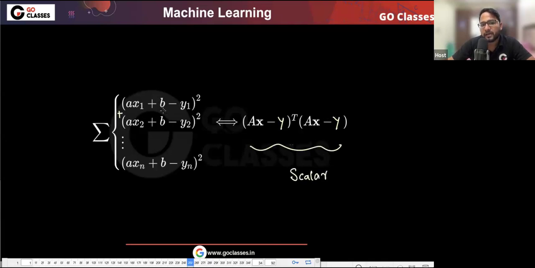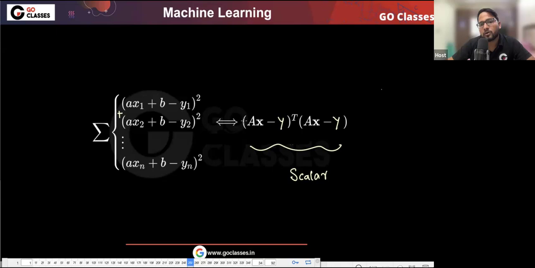Can I say that this is (Ax minus y) transpose into (Ax minus y), because it is the same as v transpose v? So this particular quantity can be given as (Ax minus y) transpose into (Ax minus y). Is this okay to everyone?